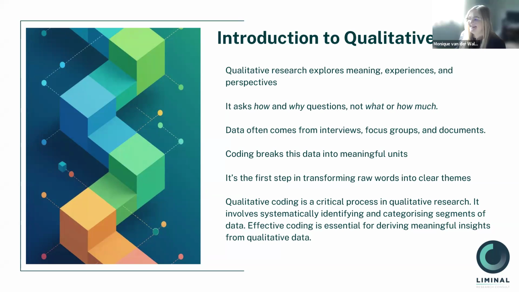Sorry for that. Right, so just to quickly give you an overview again. Qualitative research is there to explore the meaning, experiences and perspectives that people engage with in order to make sense of their world. So qualitative coding focuses on questions such as how and why, rather than what or how much. The typical data here is interviews, focus groups, written reflections, diaries.